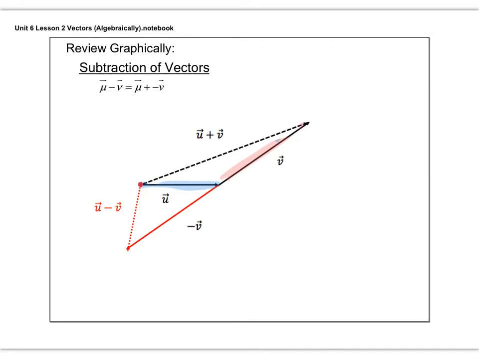So it's kind of like a 180-degree flip. So instead of the vector heading off up towards the upper right, if I need negative v instead, I'm going to head down towards the bottom left. I'm going to have a 180-degree angle difference in their direction if I subtract. So this would be the resultant vector right here of u minus v, because v went in the negative direction.